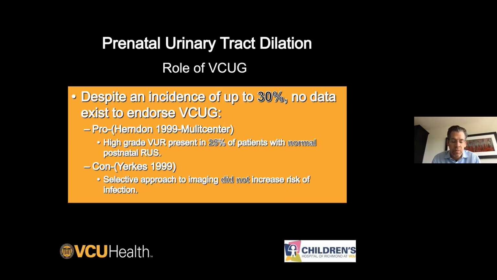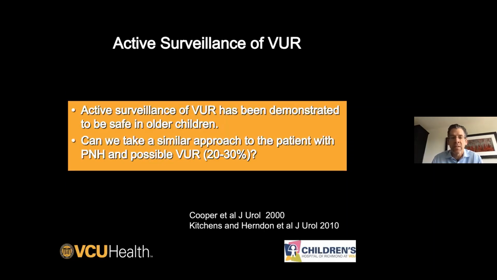Elizabeth Yerkes, who was a year ahead of me at Indiana for fellowship, when she was at Vanderbilt, they had a much less aggressive screening process, and they felt that the screening did not help them decrease the incidence of infection with respect to identifying reflux and putting those patients on prophylaxis.